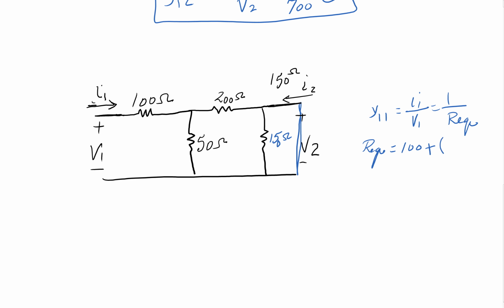So that would be basically 200 in parallel with 50. Okay, and that basically gives us what we're looking for.